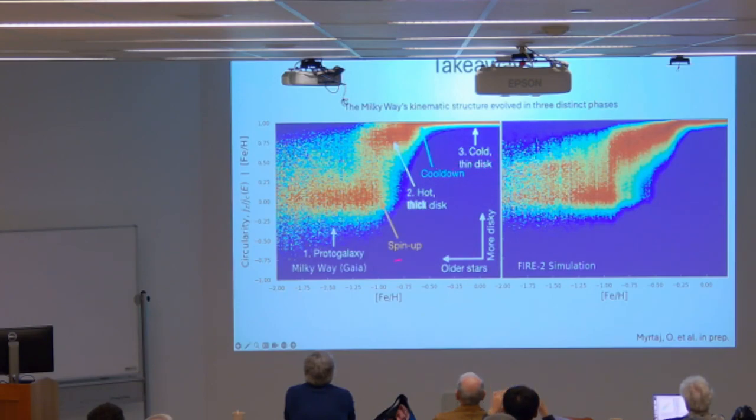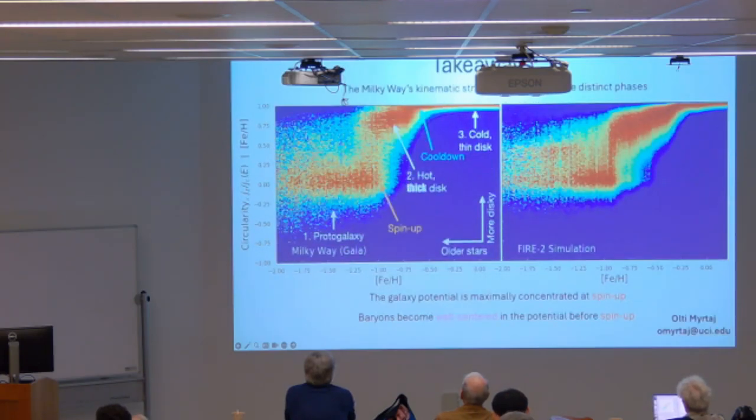And we are required to Milky Way mass fully cosmological simulations agree with actual observed data of the Milky Way through Gaia. The galaxy potential is maximally concentrated at spin-up, and baryons become well-centered in the potential before spin-up. That's everything.